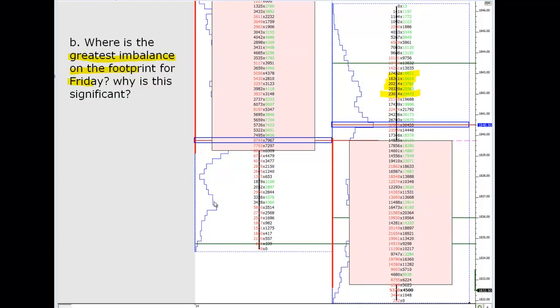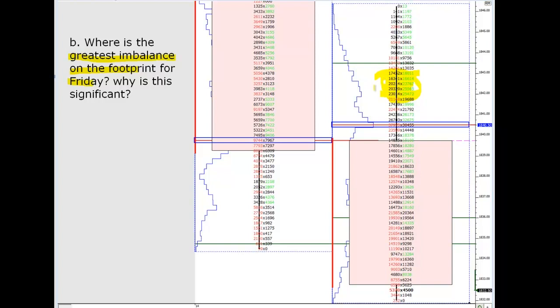Now, this area above is not the only area that has a significant imbalance. It certainly has an imbalance to the upside, and it shows failure of a buyer, which means that we have a strong seller at this point that really was able to overtake the buyer, and so this is a critical and an important level that we have to keep an eye on in the future when prices come back here, and they probably will.